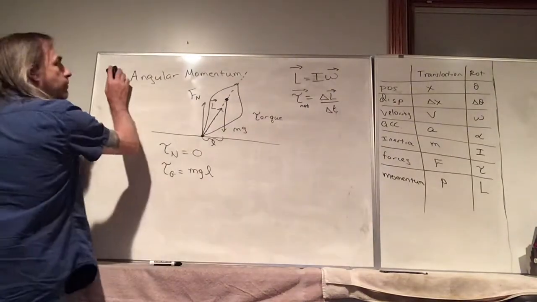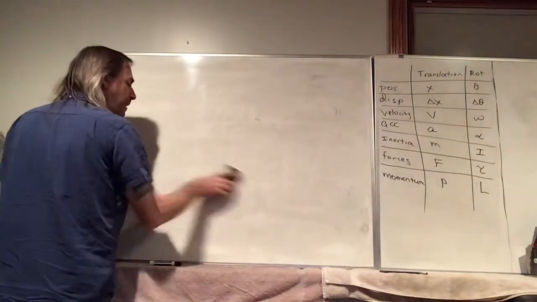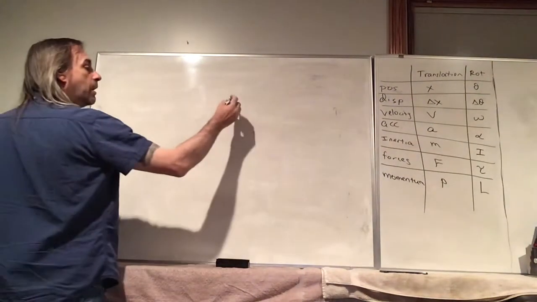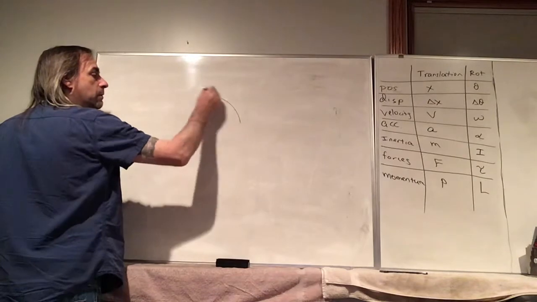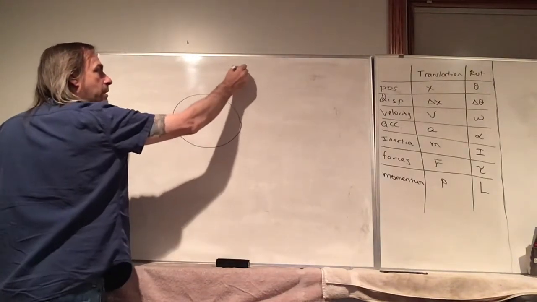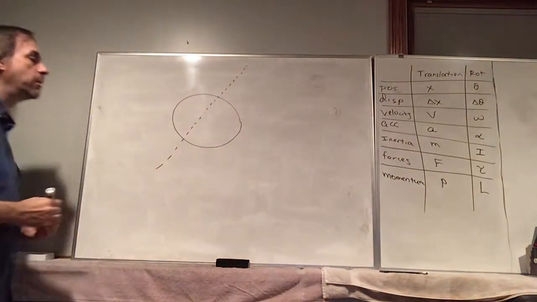Now, the Earth is basically kind of like a spinning top as well. So let's draw the Earth again. And again, here's our axis of rotation. Should go through the center and draw it perfectly.